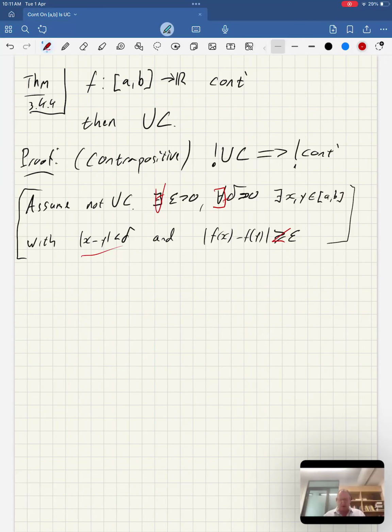So if you negate those red scribbles, then you get non-uniform continuity.